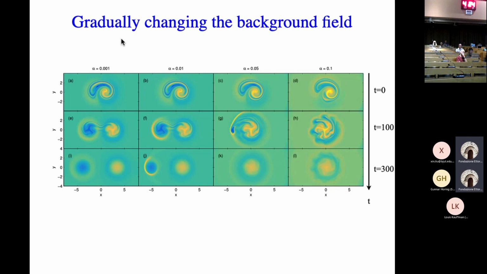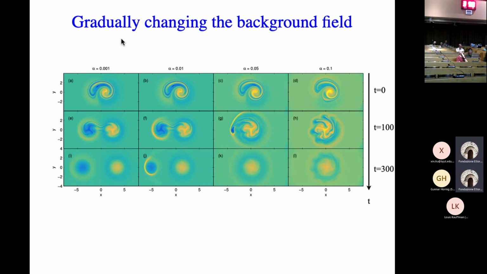Right, this is another set of simulations which also try to look at the symmetry of our final state. What you see here is in each column a simulation at 3 different times, t equals 0, t equals 100, and the final state at about t equals 300.